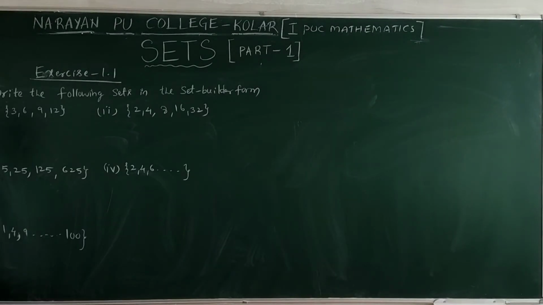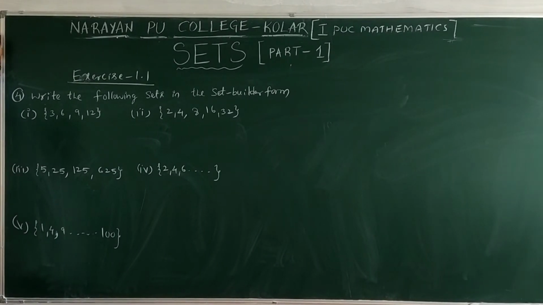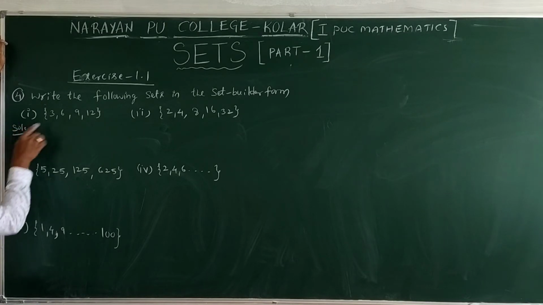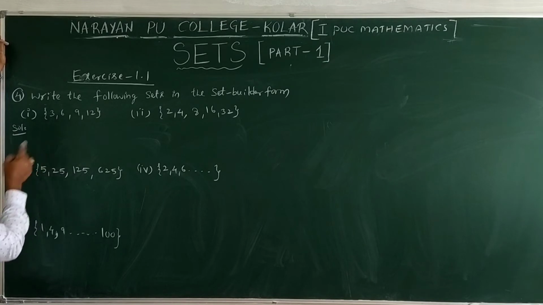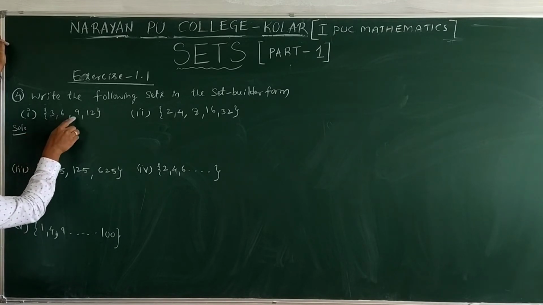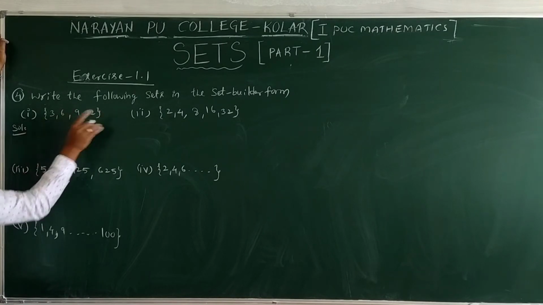Next, fourth question. Write the following sets in the set builder form. The first one, what they given? Set of 3, 6, 9, 12. This is clearly multiples of 3. 3 ones are 3, 3 twos are 6, 3 threes are 9, 3 fours are 12.